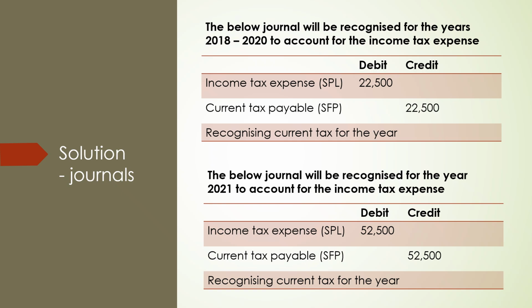In 2021, the tax expense was higher. We therefore debit the income tax expense with 52,500 and credit the current tax payable with 52,500.